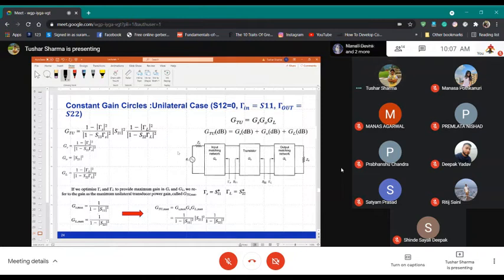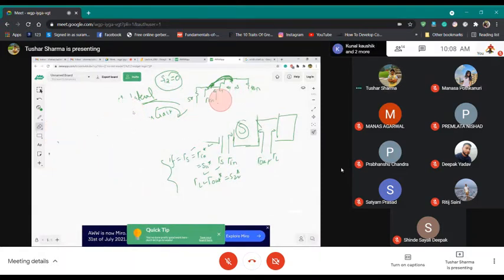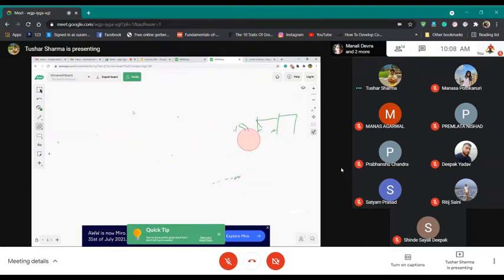Now, you also understand that if you're designing for maximum gain, you might end up running into the problem of stability, which means that, let's see the Smith chart.